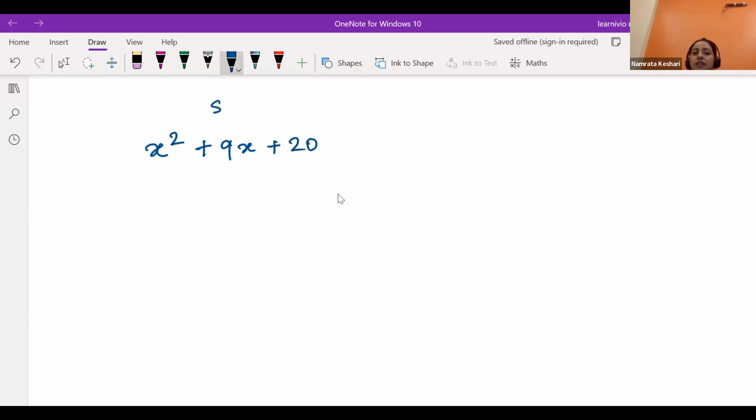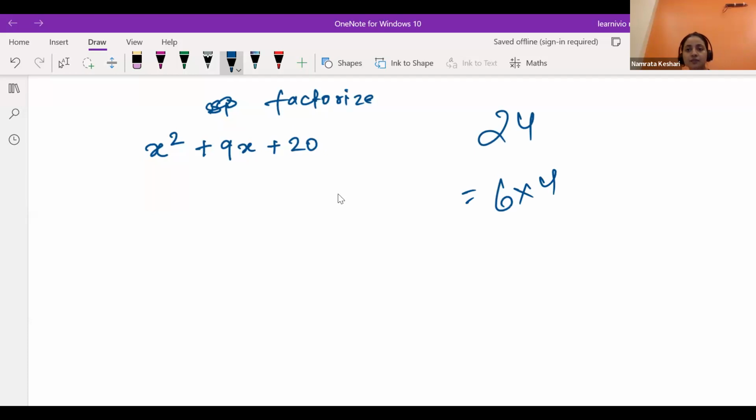The name is splitting the middle term, or maybe factorize this one. Factorize means this is an algebraic expression, a polynomial, and we have to write it as a product of factors. Whenever I give you a number like 24 and ask you to factorize it, you can write 6 times 4. This is how we factorize it, right?